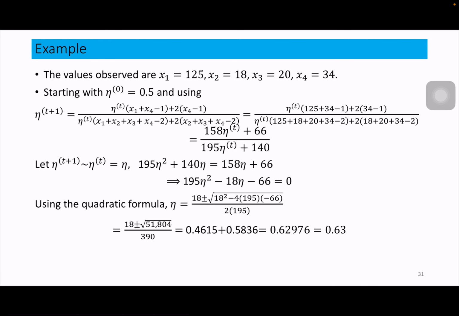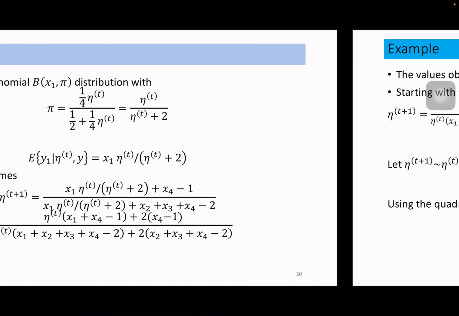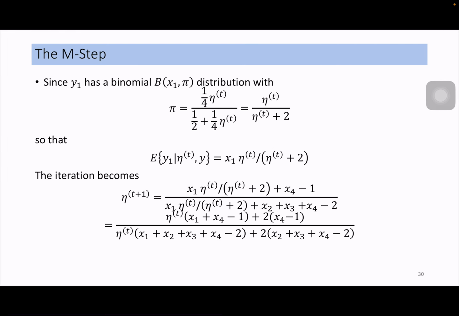For example, if the observed values are x1 equals 125, x2 is 18, x3 equals 20, x4 equals 30. Starting with a guess of 0.5, n(t+1) equals nt following the equation, and then you put in x1, x2, x3, x4, which are given here.